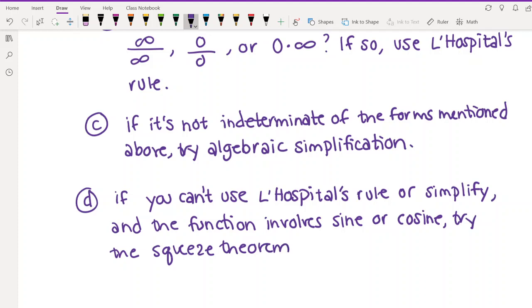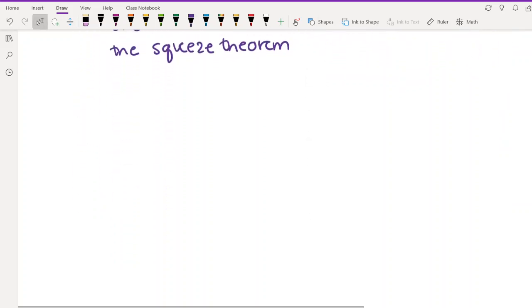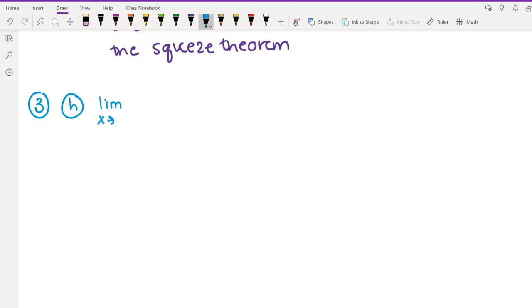Okay, so with all these steps in mind, let's get into some actual examples. Number 3 on the review was just a bunch of limits. So h is the limit as x approaches 0 of x squared times cosine of 1 over x squared.